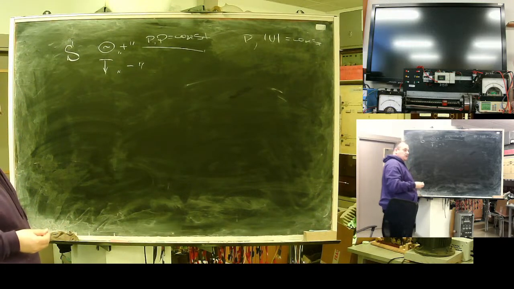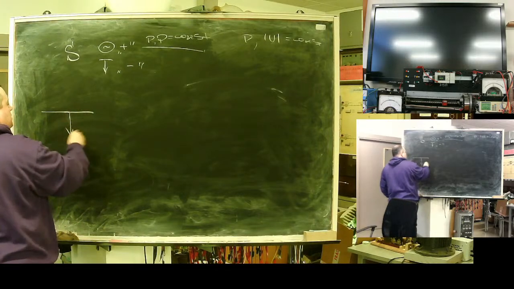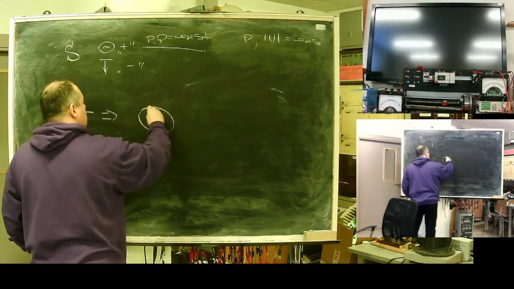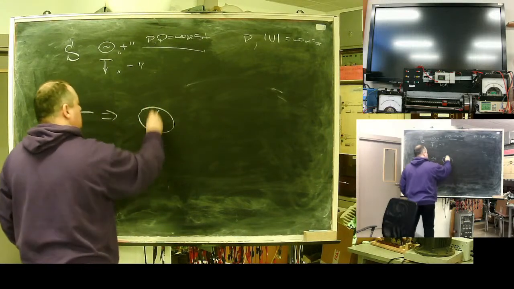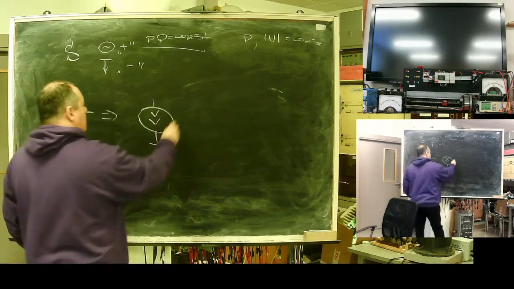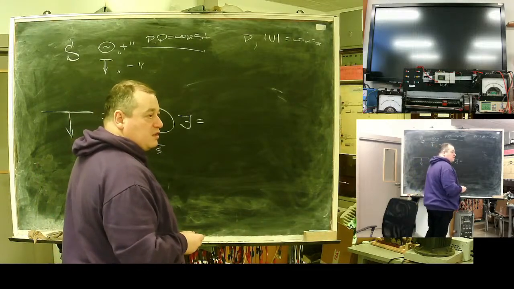Now, the trick. The trick is to substitute load with a controlled current source. What should the current be?